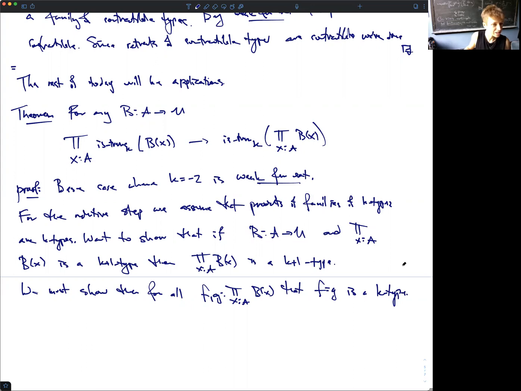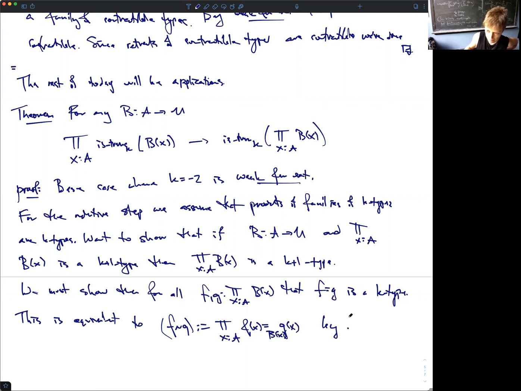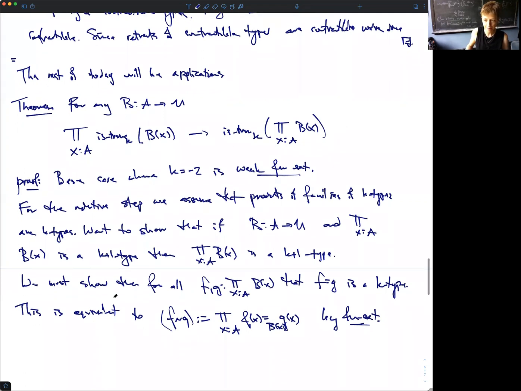But by function extensionality, this type is equivalent to the type of homotopies, which I'll recall is this type. So this is by funext. And one of the things that we've proven about k-types is that they're closed under equivalence. So if you're equivalent to a k-type, you're a k-type.